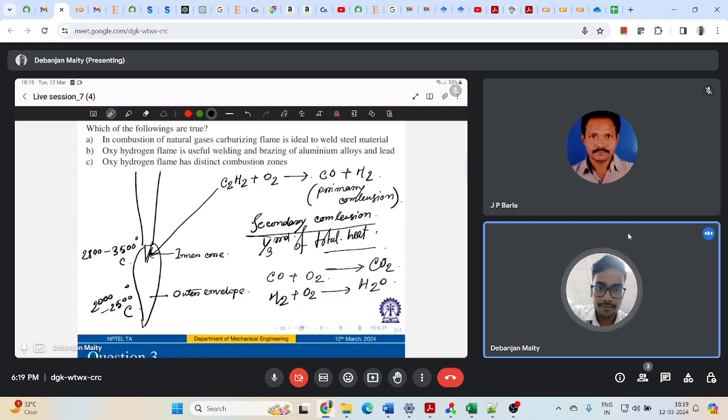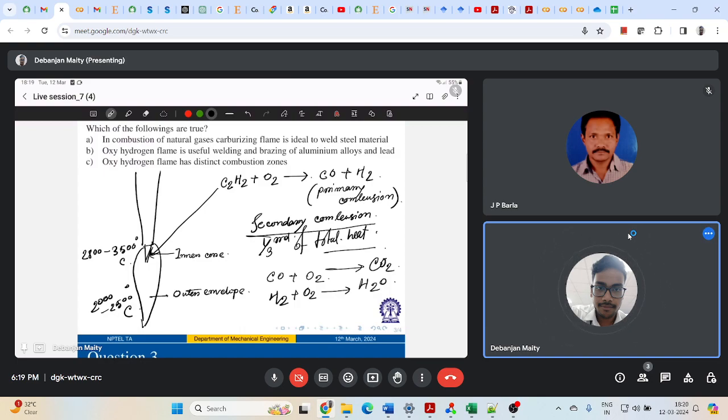Now coming to this oxidizing flame, here you apply an excess amount of oxygen, right? Whenever you apply excess oxygen, the flame becomes oxidizing because of the presence of this unconsumed oxygen, right? And this kind of flame will be very luminous and bright in nature, and there will be a very short white inner core, by which you can identify that this is an oxidizing flame.